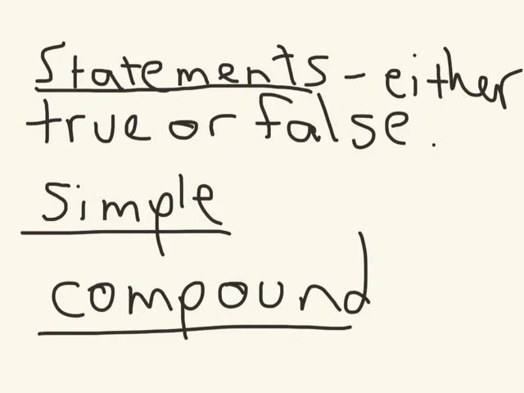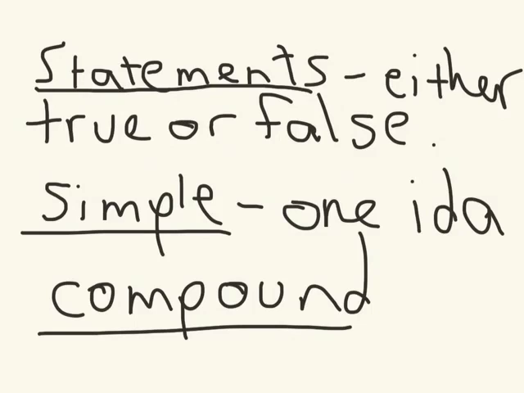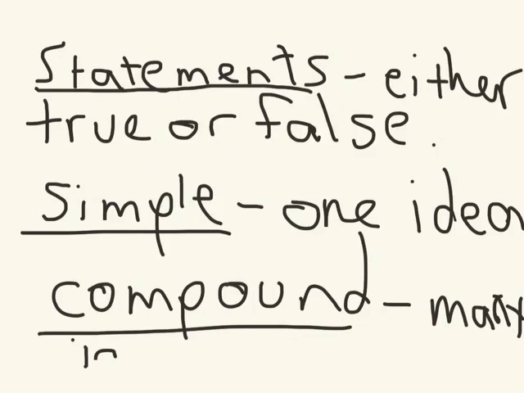A compound statement combines multiple simple statements. If the sky is blue is a simple statement, then the sky is blue and the grass is green makes it a compound statement. We combined the sky being blue with the grass being green. Those are two simple statements which then become a compound statement when put together.